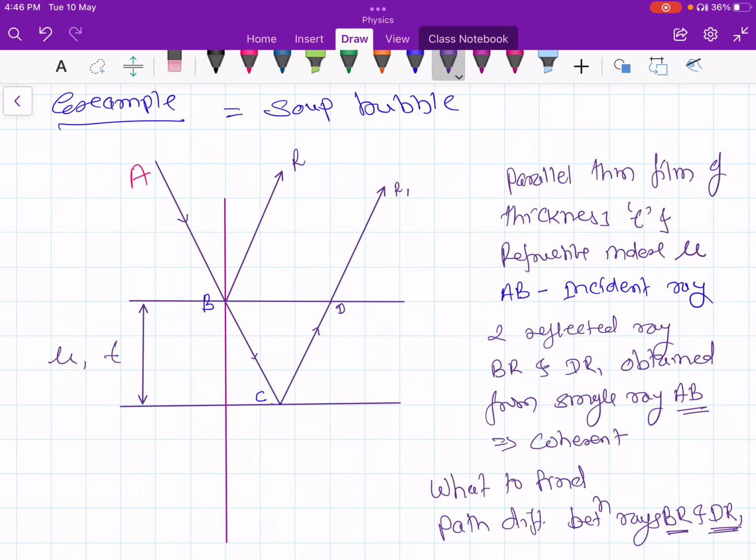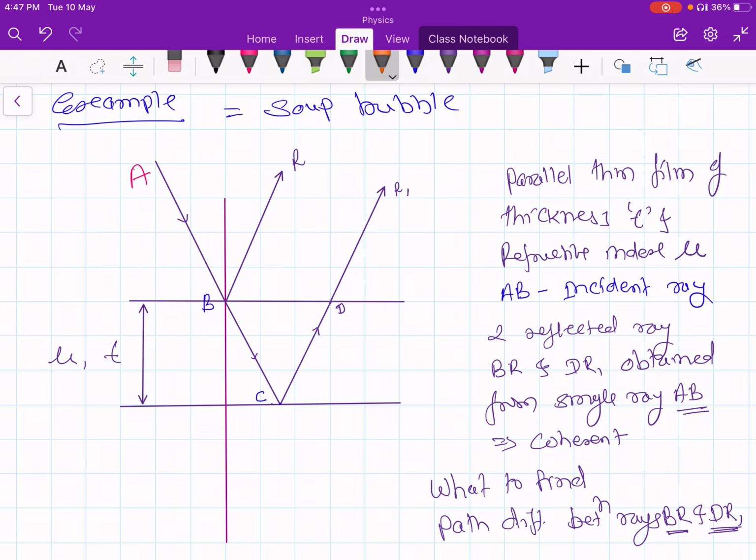As BR and DR1 are both parallel rays, these parallel rays interfere and produce the interference pattern. What kind of interference pattern they will produce depends on the path difference, and so we have to find the path difference.